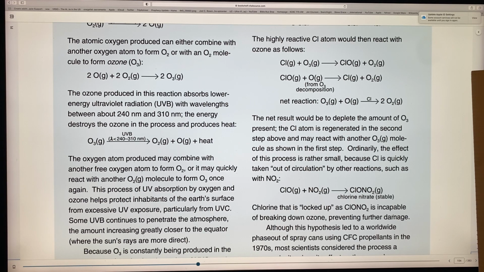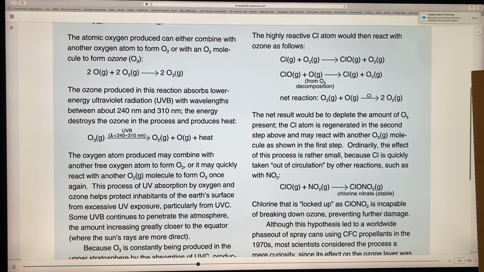And then it may form ozone later. It helps protect the inhabitants of the Earth's surface from excess ultraviolet exposure from the sun, right? So all of the UVC light is absorbed and some of the UVB, but some of the UVA light can come through.